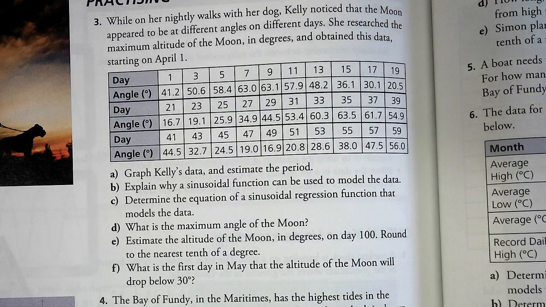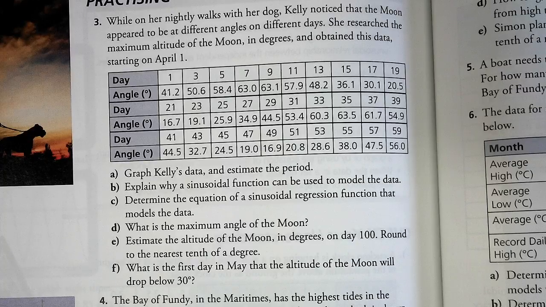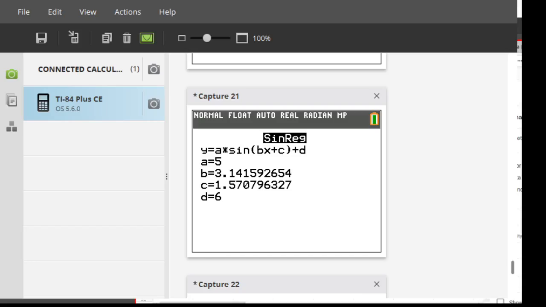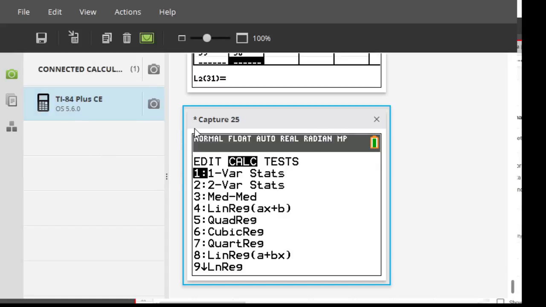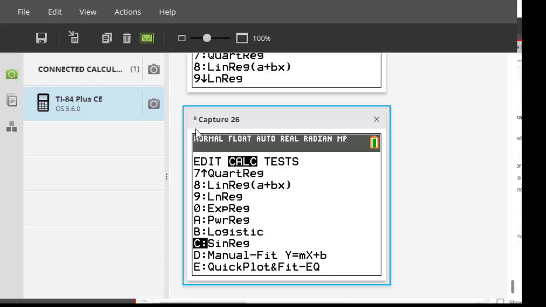So for this, let's go to our TI Connect software. We're going to start by entering in all of this data. So I've got 30 data points entered here. And now we're going to calc, and again, go to option C, sinusoidal regression.